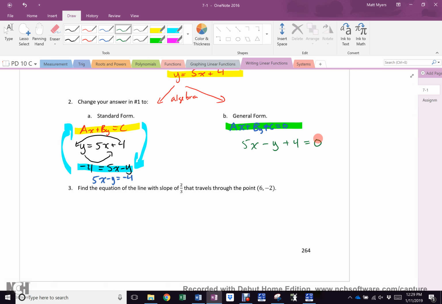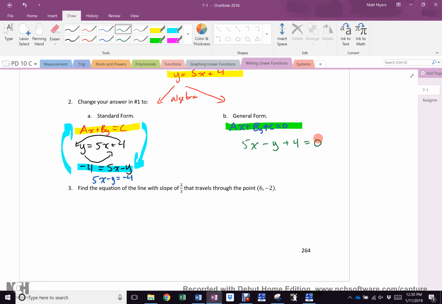Great. Number 3. What information do I have? I have a slope and a point. So what form should I use? The one that is called slope point. The one that actually has that name.